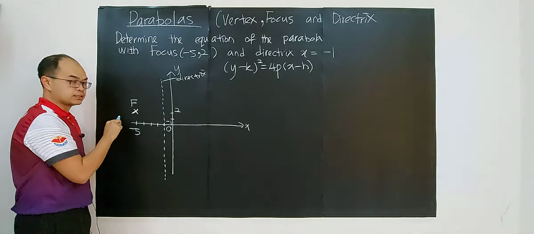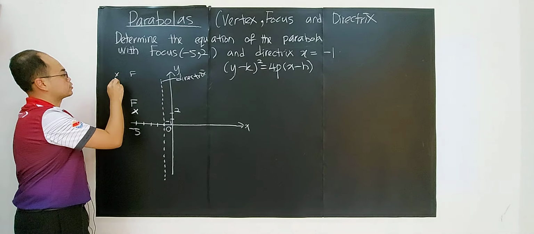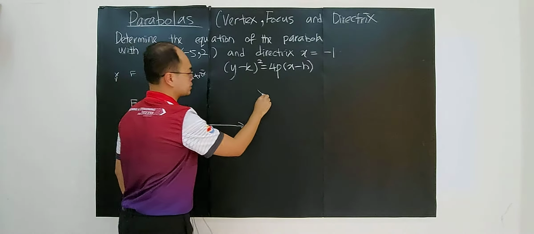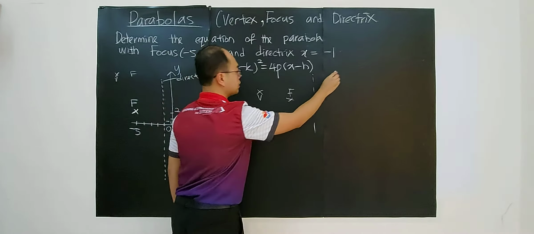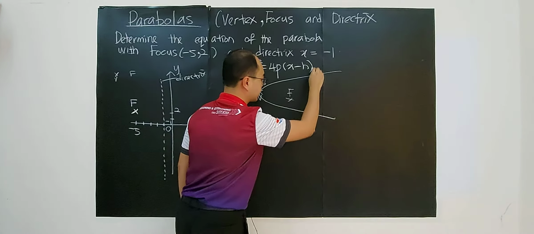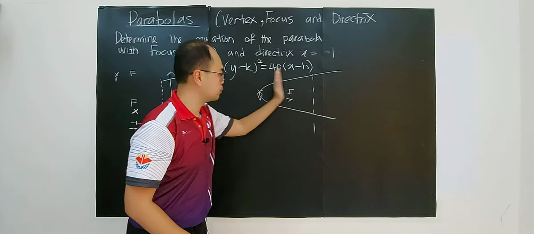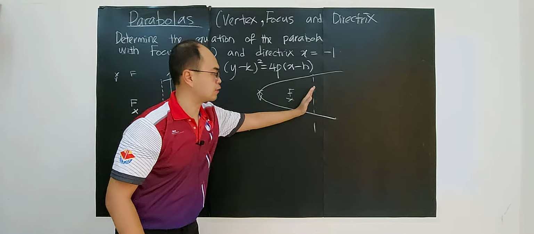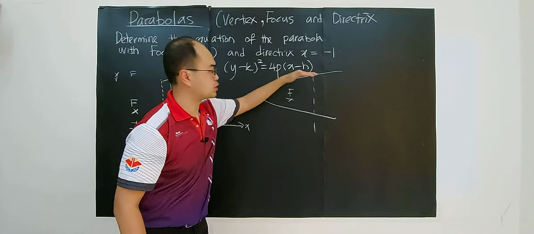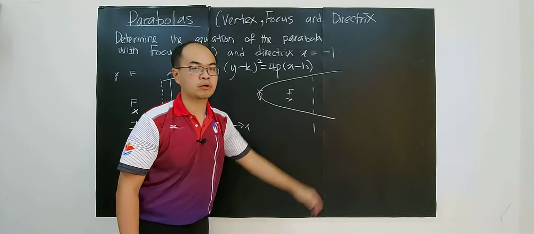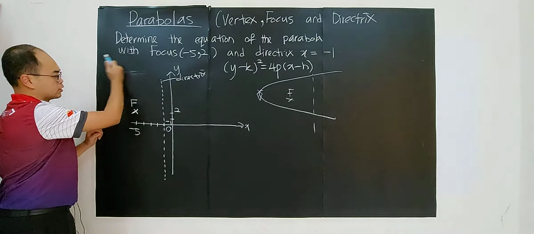If the vertex is here and the focus is here, this is your vertex, this is your focus, and this is your directrix. Is it possible for the parabola to cut through the directrix? No, right? The directrix has to be here. So if the directrix is here, then it is possible for the parabola to go to the right, right? So this is impossible for the vertex to be here.